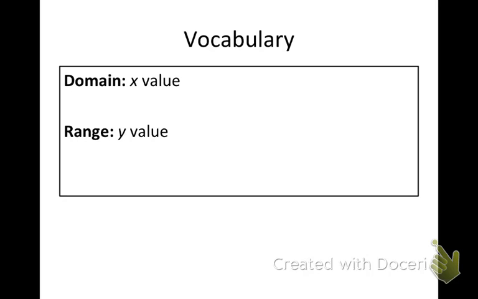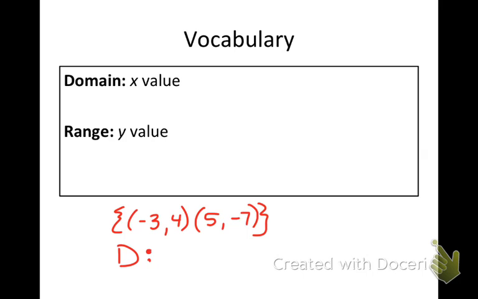Your domain is going to be the set of all your x values, and your range is going to be the set of all your y values. So if I had the relation (-3, 4) and (5, -7), keep it small, what would be the domain? Yeah, and you usually just go smallest to largest.